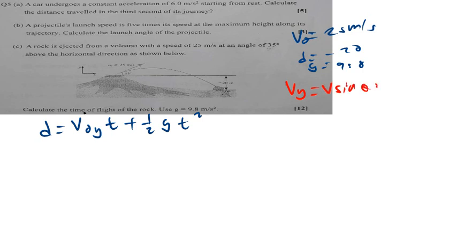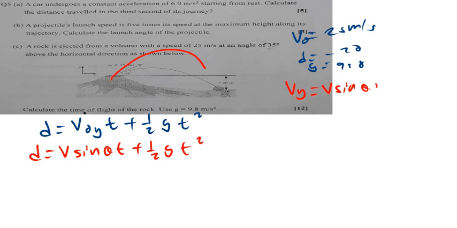So I'm going to replace this with V sine theta times t plus half gt squared. But what we should remember here is it is going up, so it is going away from gravity. Since it's going up, g in that case is going to be negative.